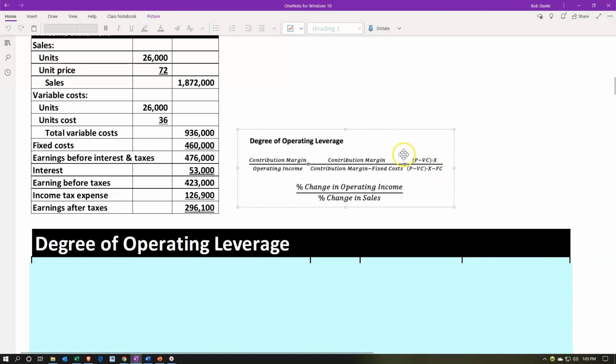So we're going to be focusing on this formula here, but I would memorize it in terms of either this format or this format, and then understand what the numerator and denominator mean.